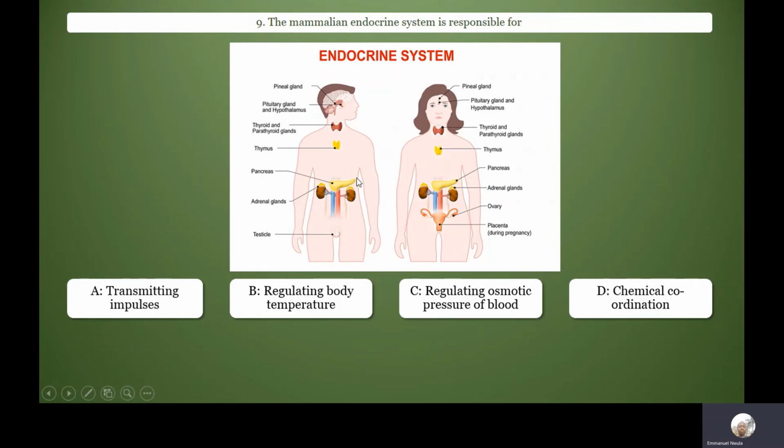While the nervous system uses electrical impulses to transmit information, the endocrine system uses chemicals called hormones to transmit impulses. So the correct option here is the chemical coordination.